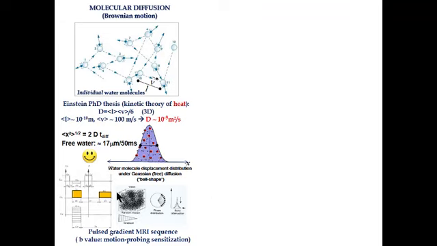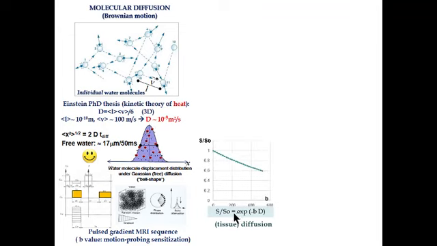As you know very well, the idea is to add diffusion encoding gradients in the MRI sequence, and we get an attenuation of the signal, an exponential of minus b times d. The b value is the weighting of the diffusion sequence, and d is the diffusion coefficient. If you plot the attenuation of the signal versus b, you get this exponential. That's very well known.